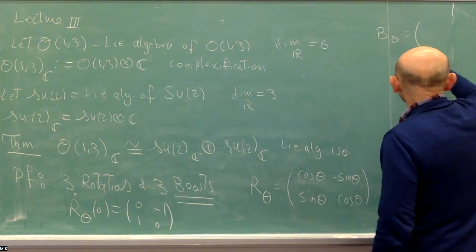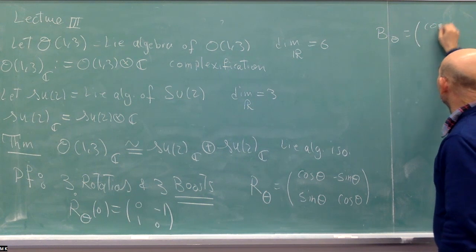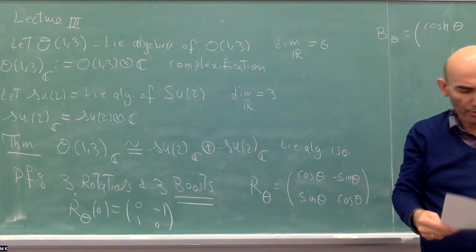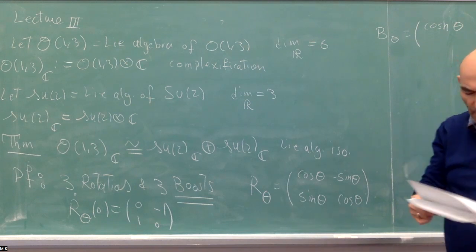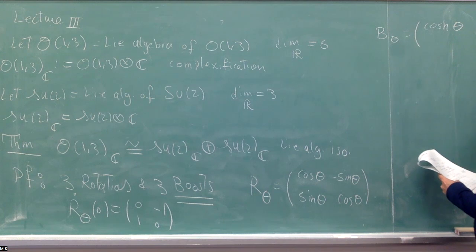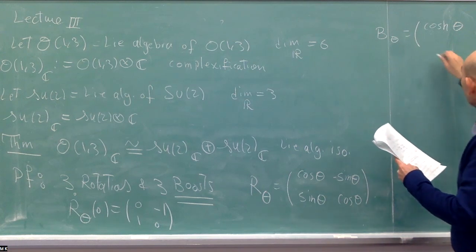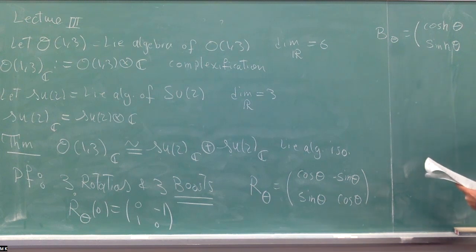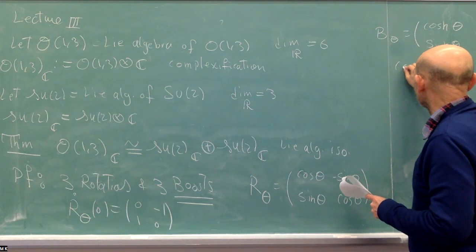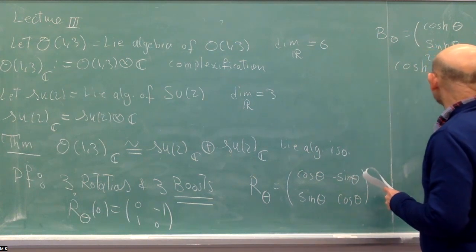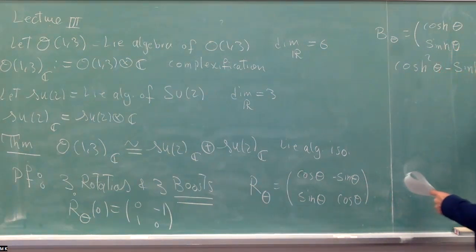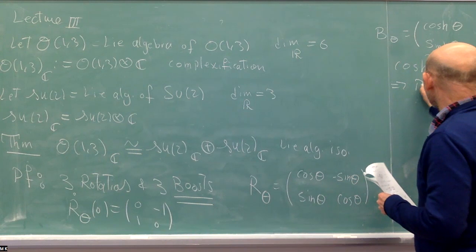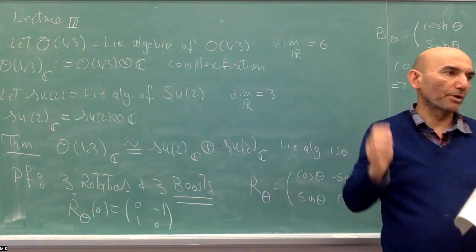This is the following: cosh theta, sinh theta, and sinh theta, cosh theta. The hyperbolic trigonometric relation cosh squared theta minus sinh squared theta equals 1 implies that B_theta is an element of the two-dimensional Lorentz group.